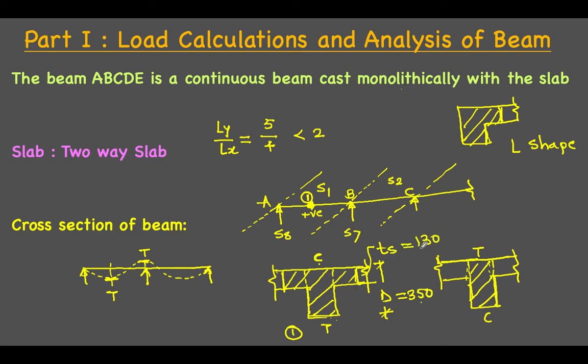So 350 minus 130 is what remains as the depth of concrete for beam, because the concreting in slab we have already considered in calculation of weight of slab. So we are going to deduct this portion and consider only the web of beam.